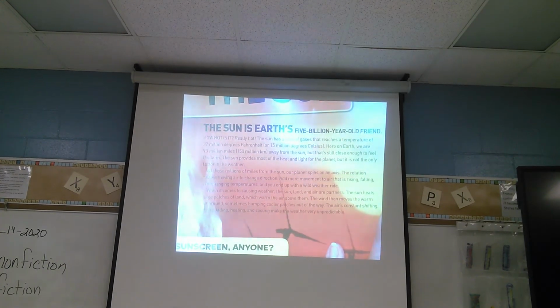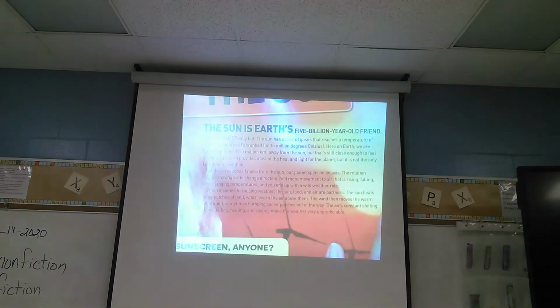Okay, so it says that the sun heats large patches of land which warms the air above them. The wind then moves the warm air around, sometimes bumping cooler patches out of the way. The air's constant shifting, rising, falling, heating, and cooling make the weather very unpredictable.